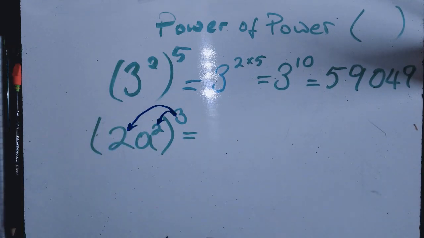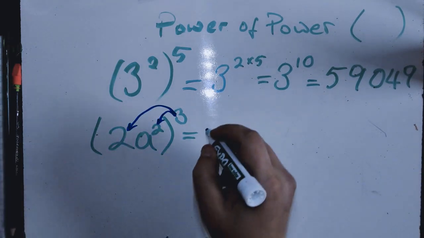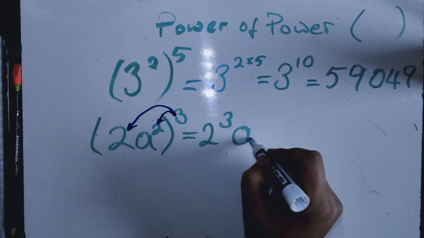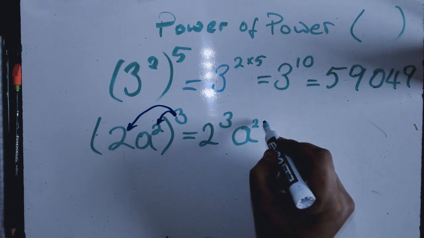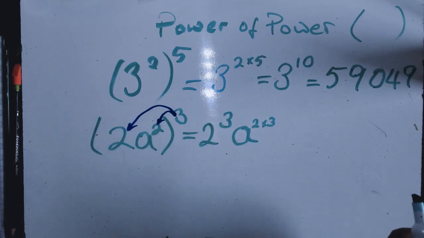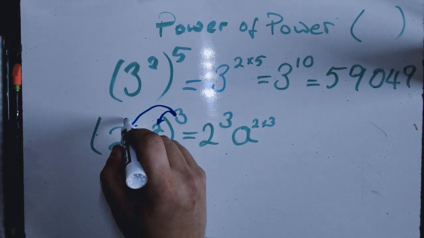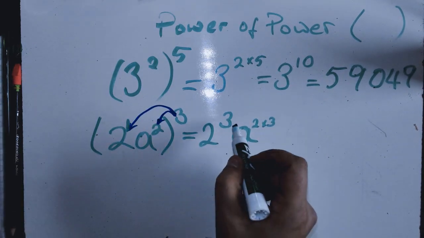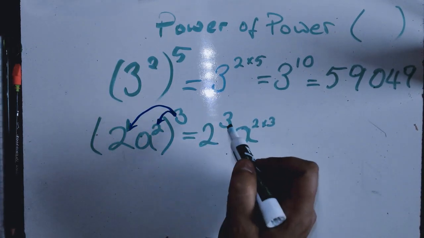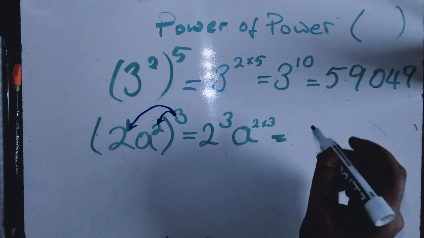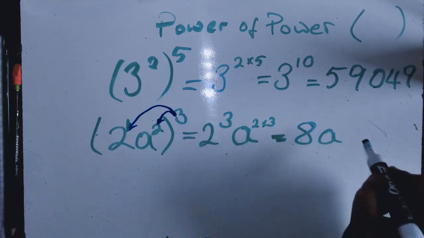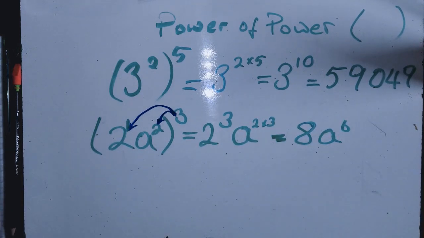So I will have 2 to the 3rd power, then I will have a to the 2 times 3, because this 2 actually has a 1 as its exponent. We don't write the exponent 1. So 1 times 3 is 3, and 2 times 3 is 6. So my answer is going to be 2 to the 3rd power is 8, and a to the 2 times 3 is a to the 6.